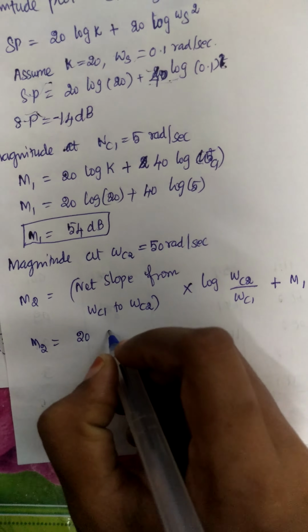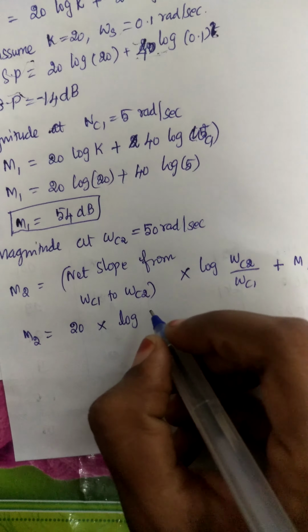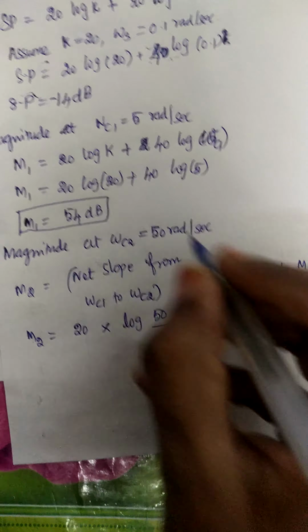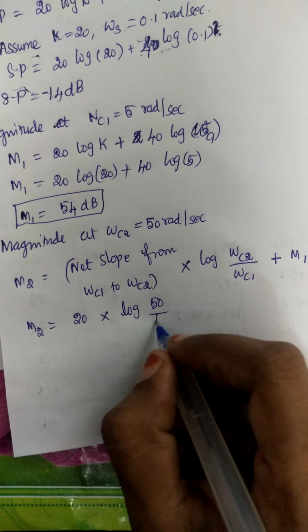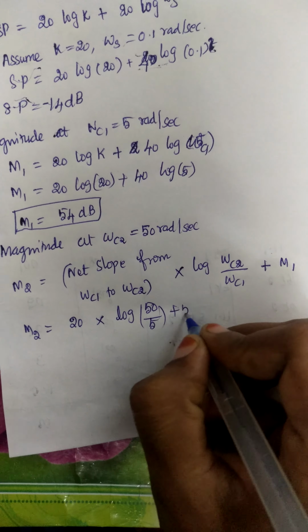So 20 into log of omega c2 value 50 over omega c1 value 5 radians per second, plus the previous value 54 decibel.